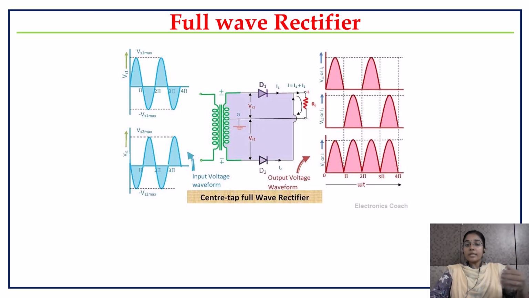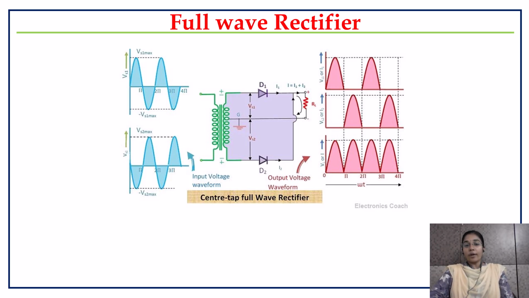By the usage of D1 and D2, my diode D1 will conduct for one portion of the time, which is T1, and my diode D2 will conduct for some amount of time, say T2. This on and off of my diodes will happen alternately based on the input signal that I am giving.